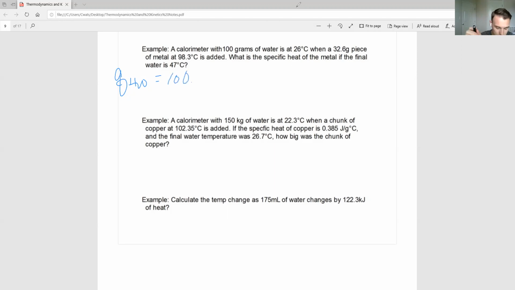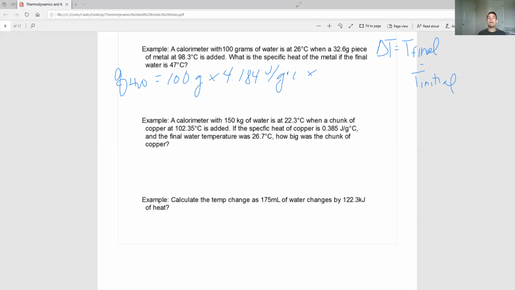I'm going to put a decimal there so I can have 3 sig figs, grams, times, we know the specific heat of the water is 4.184 joules over grams degrees Celsius, times the change in temperature. And remember, change in temperature is always the final minus the initial.